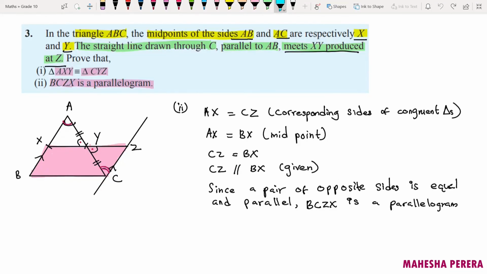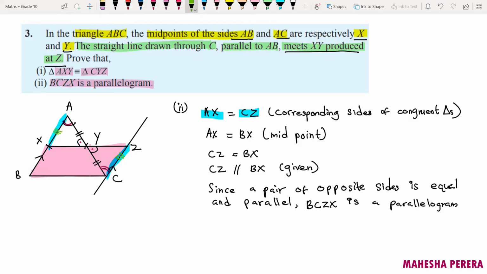So when you take the congruent triangles, the corresponding elements should be equal. So we can say that AX equals CZ, right? Where is AX? It's here. And CZ is here, right?